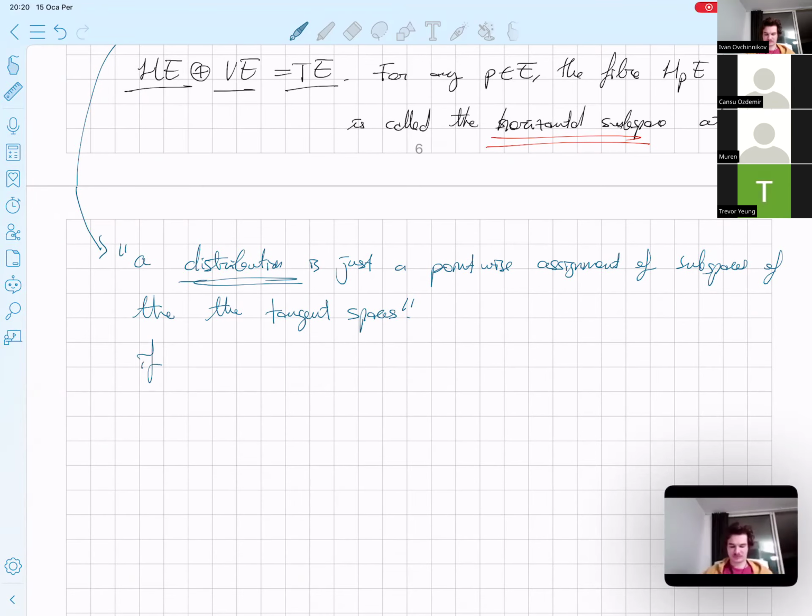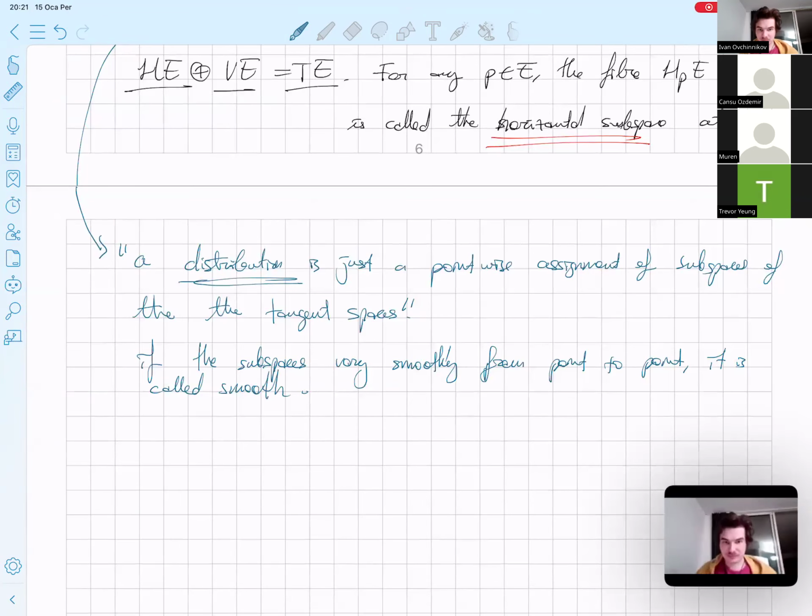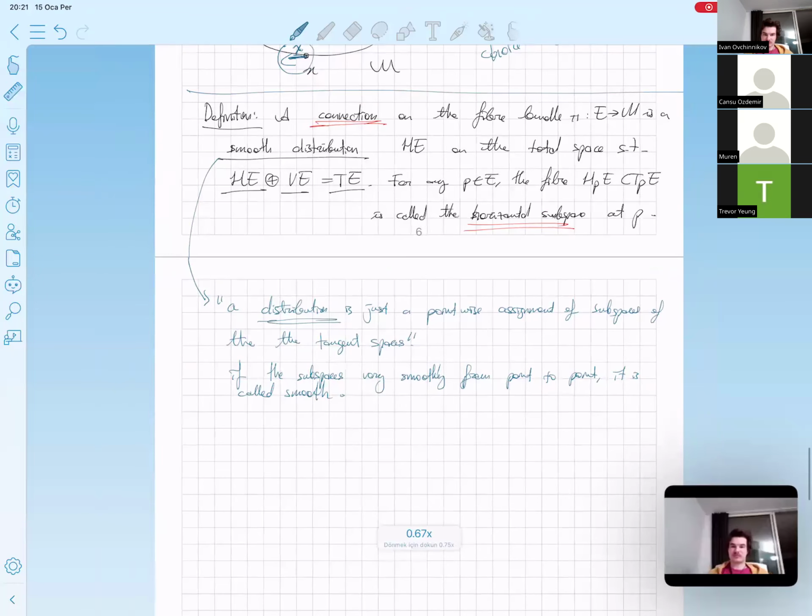And let me note that too. If the subspace varies smoothly from point to point, it is called smooth. That's the whole deal. So now let's read the definition again and see what it means.